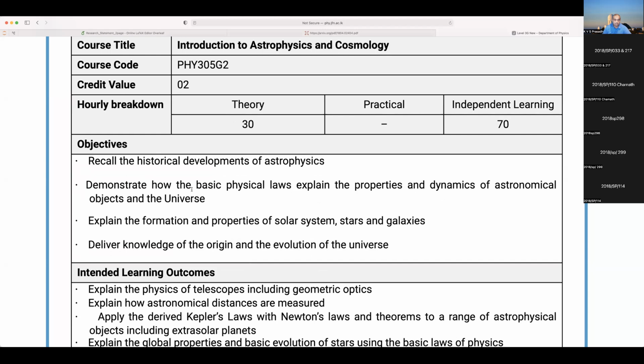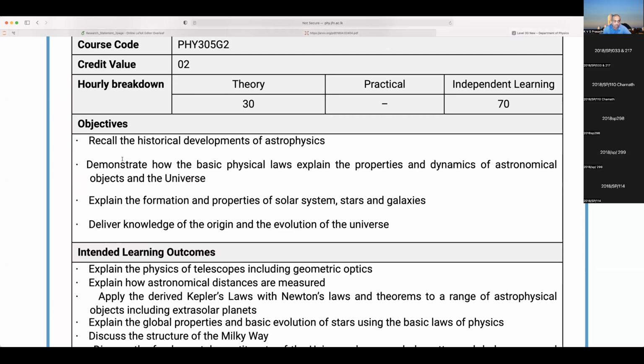So I assume that this may be the first course in astronomy that you are doing in your university degree. And so the objective of the course is to recall the historical developments of astrophysics, so that means giving a brief idea about the history behind this subject, and then to demonstrate the basic physical laws and explain the properties and dynamics of astronomical objects.